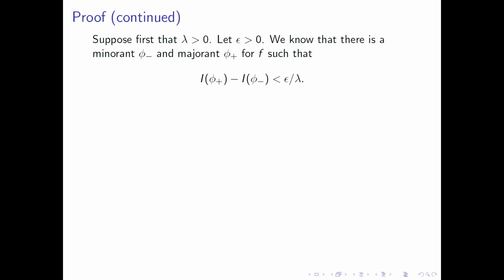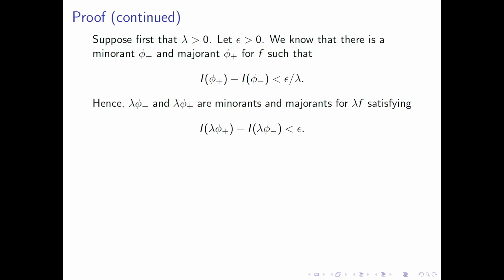So let's do lambda greater than 0 first. For f, I can find a majorant and a minorant, phi plus and phi minus, whose integrals differ by as small a positive value as I want. So I can find them so that they differ by epsilon over lambda. That's good, because now I can take that minorant and majorant and scale them through by lambda.